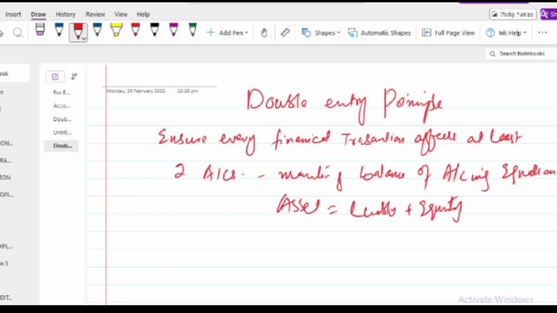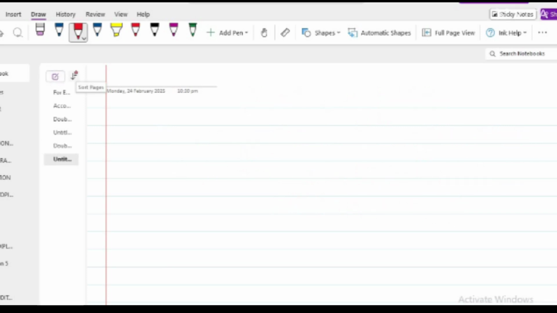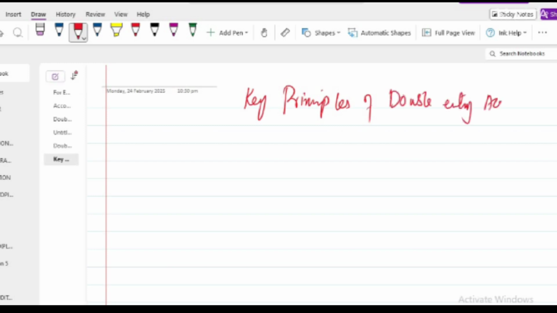Let me scroll it down. Okay. The other thing that you have to know is the key principle of double entry accounting.